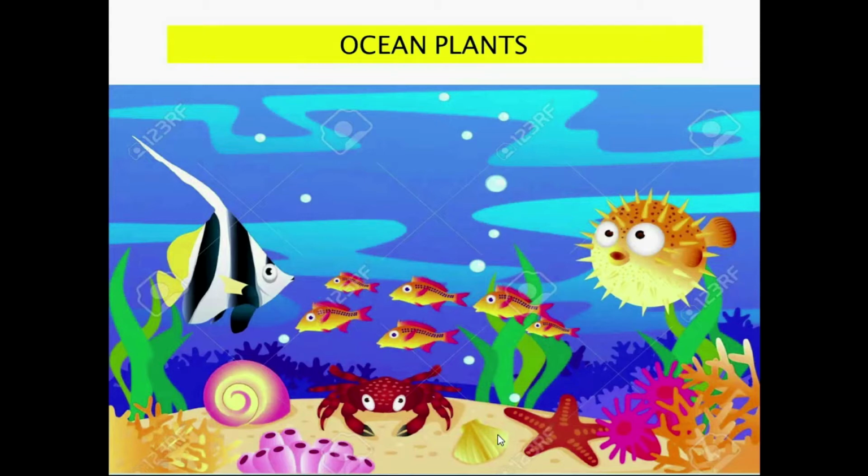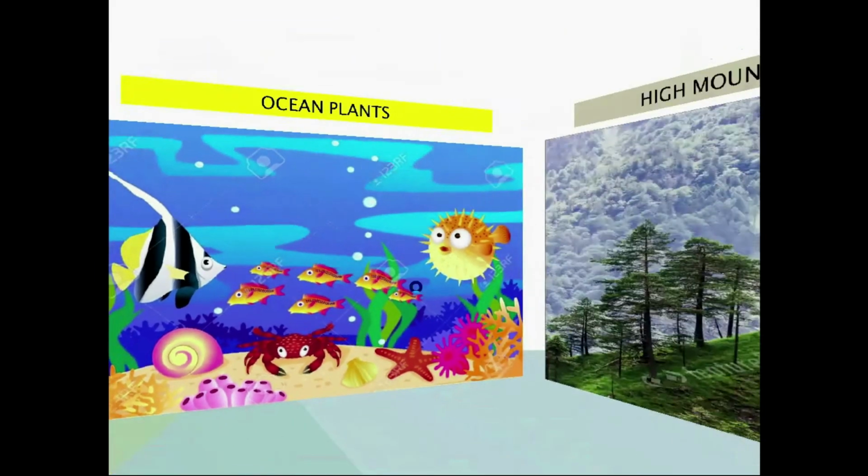Fishes, starfish, and other animals live there. There are some animals which live under the water. Those animals will be called ocean animals. So, what have we seen in this diagram? Ocean plants and then ocean animals. Ocean plants and ocean animals are those which live under the water.